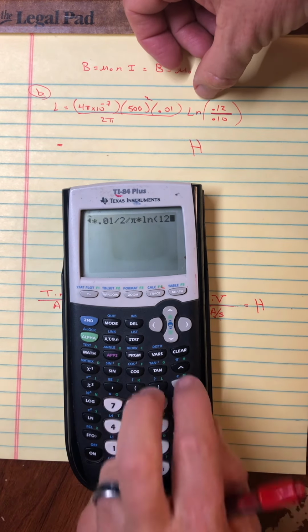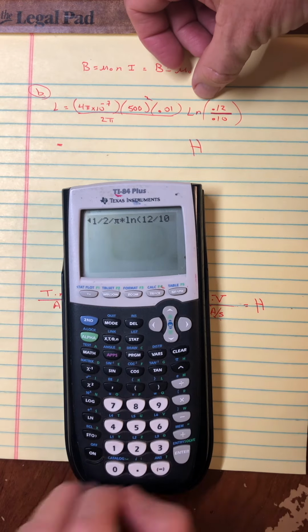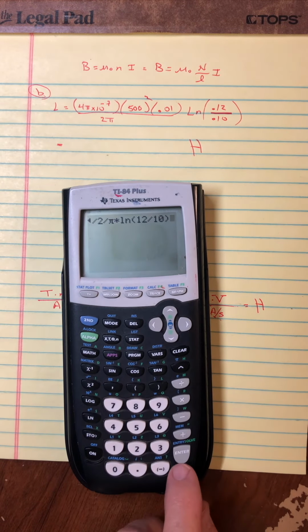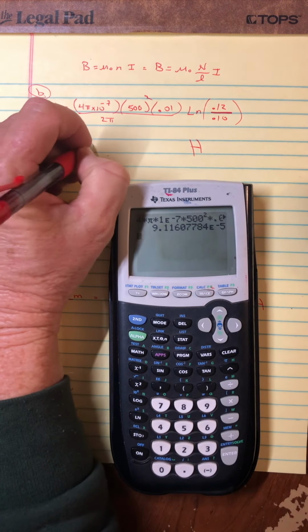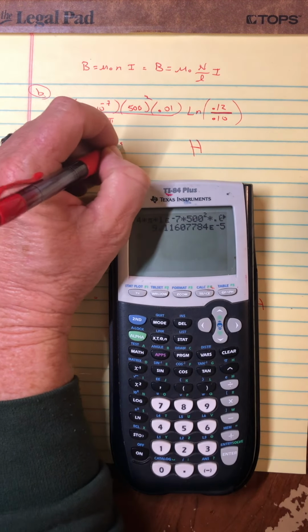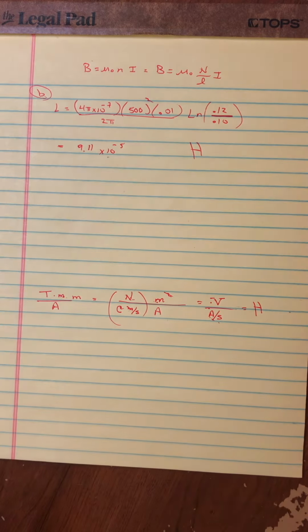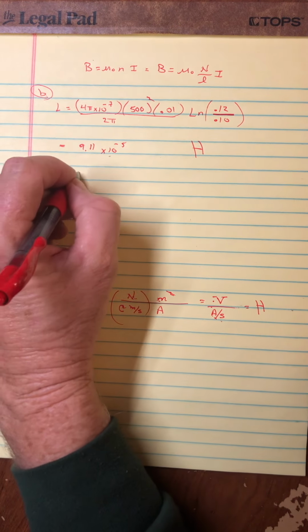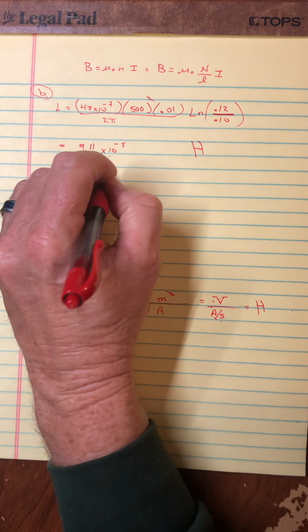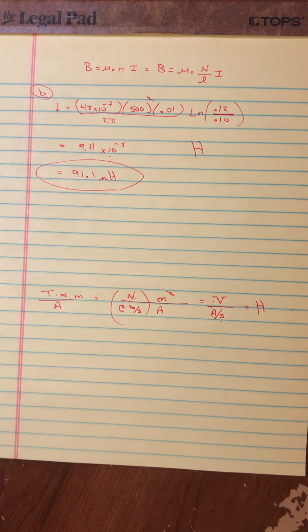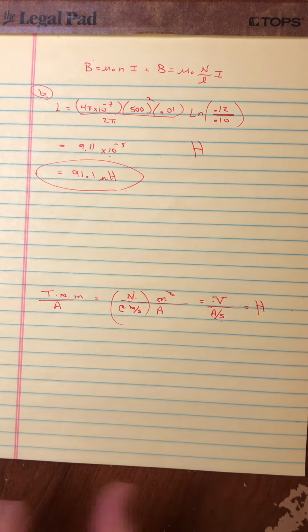If it's okay, I'm just going to do 12 over 10 and forget the decimal place, and hit enter. So we're looking at 9.11 times 10 to the minus 5 Henries. Maybe best to write it as 91.1, and then these would be micro Henries. Yay! Okay.